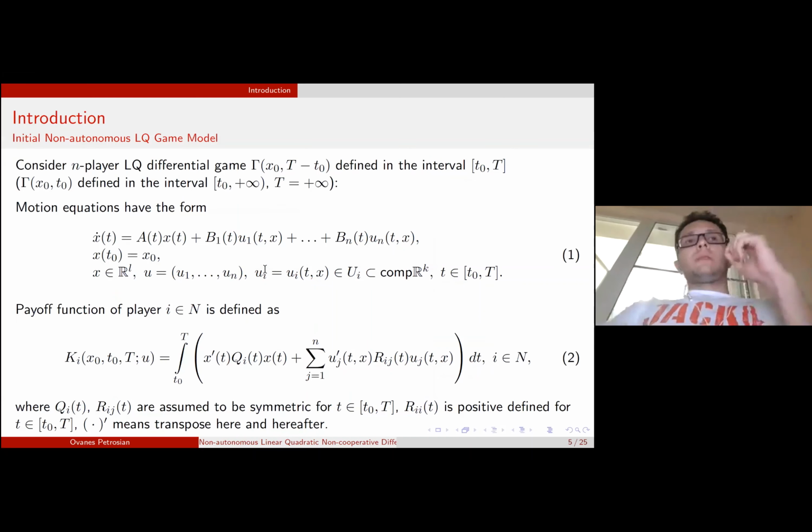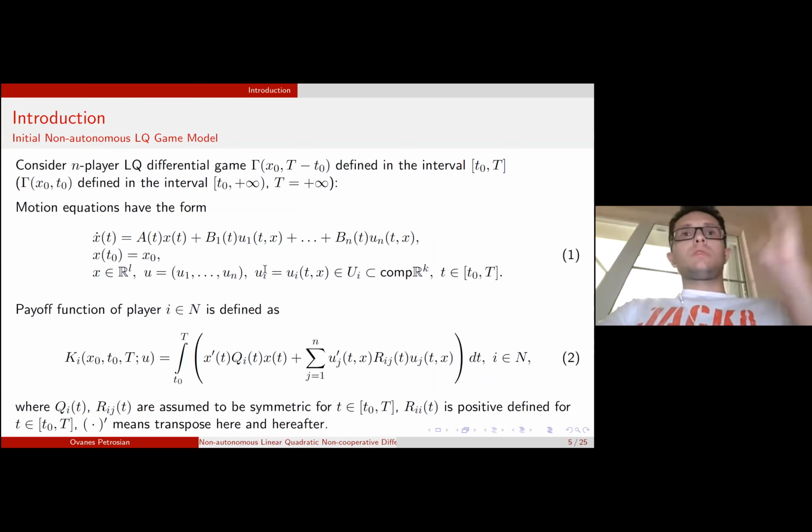Now about the non-autonomous case. On this slide, you can see the initial model of linear quadratic differential games for the non-autonomous case. What does non-autonomous mean, and why do I highlight this problem?